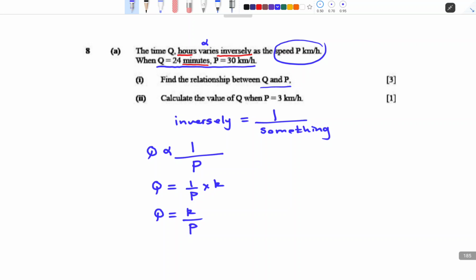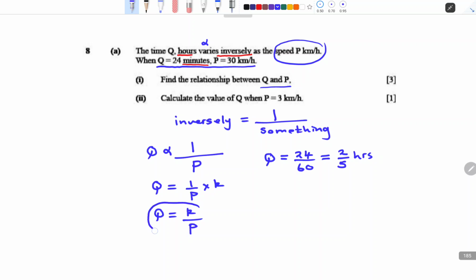So you have to convert 24 minutes into hours. Remember, in 1 hour, we have 60 minutes. So it means Q is going to be represented by 24 over 60, which can be reduced as a fraction in its lowest terms if you divide 24 and 60 by 12. 12 into 24, you get 2. 12 into 60, you get 5. So Q is representing 2 over 5 hours.